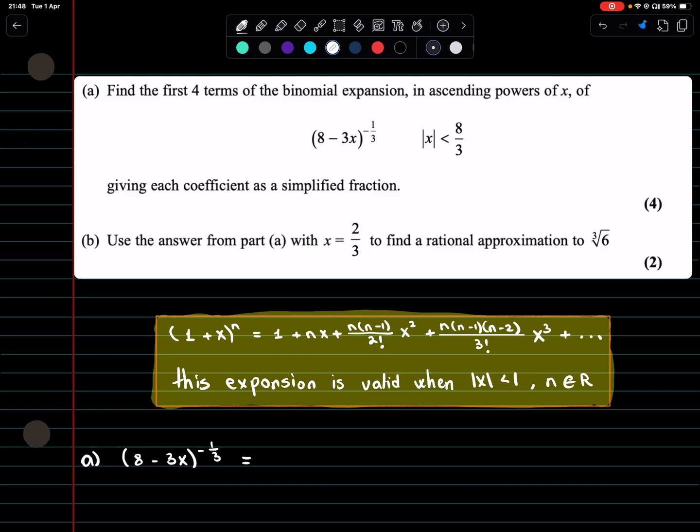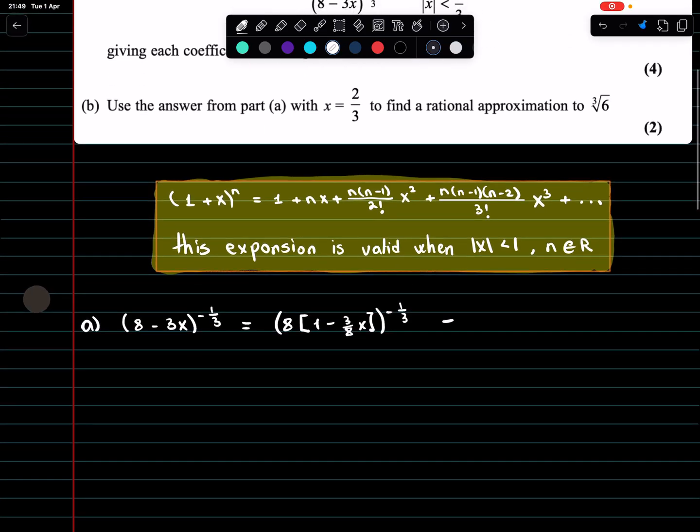The formula is valid as long as there is a 1 over here. To make it 1, I'm going to be factorizing 8 out. There's a minus in between, so that will be 8 multiplied by 1 minus 3 over 8x all together to the power of negative 1/3.